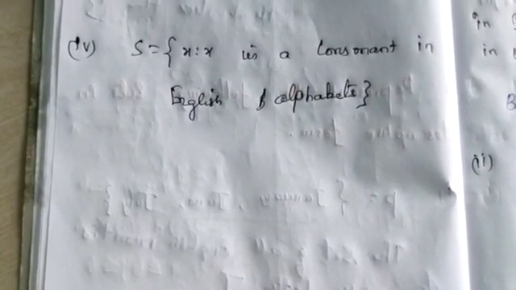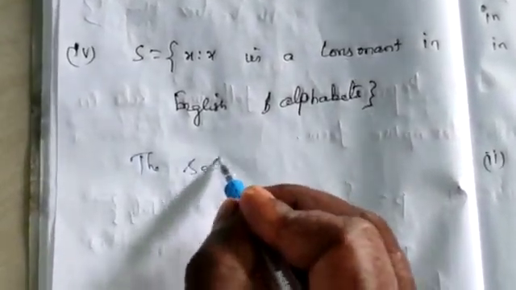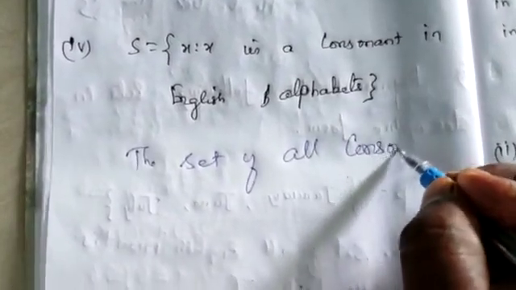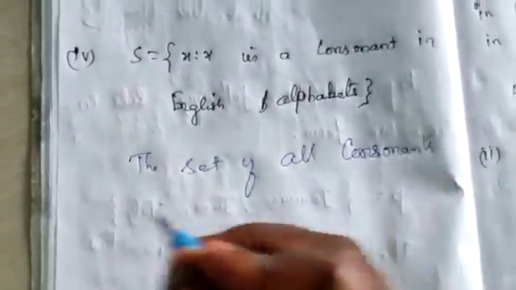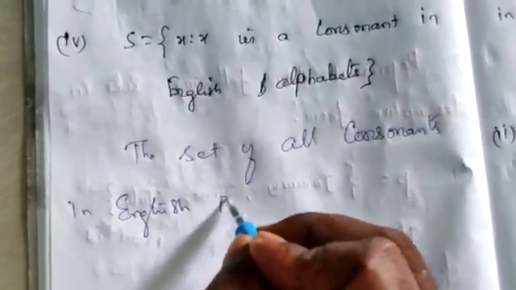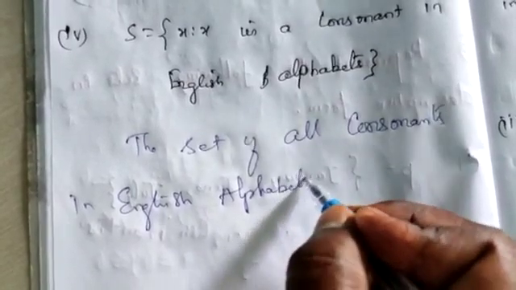Now see, x such that x is a consonant in the English alphabet. The set of all consonants in the English alphabet. That's all.